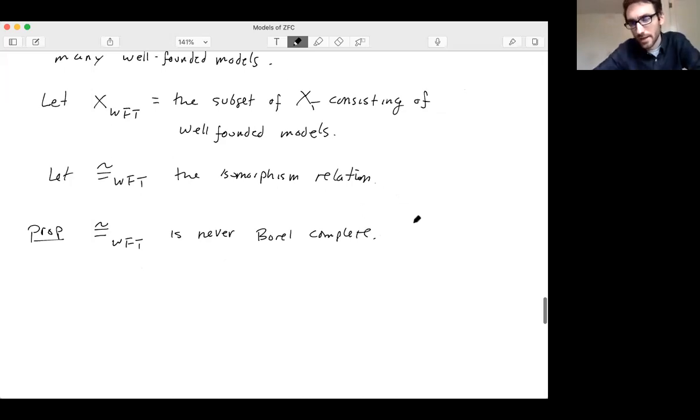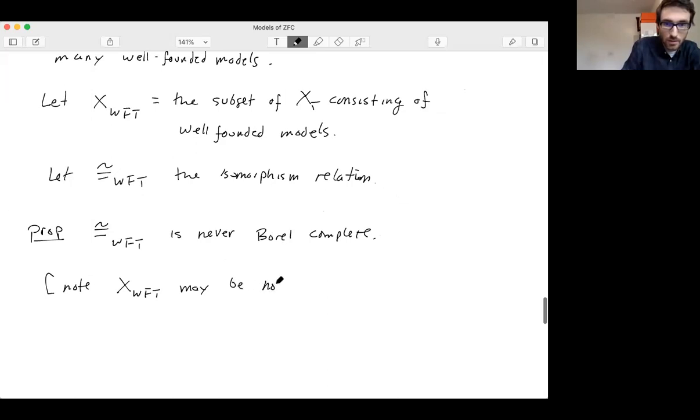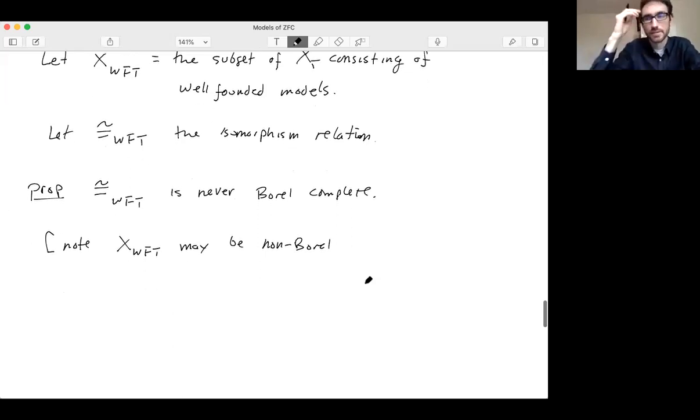Okay, and well, I guess I have a caveat. So note X_WFT may be non-Borel because you're cutting away the ill-founded things, and that's to say well-founded is a Pi^1_1 thing to say. So this may be non-Borel.